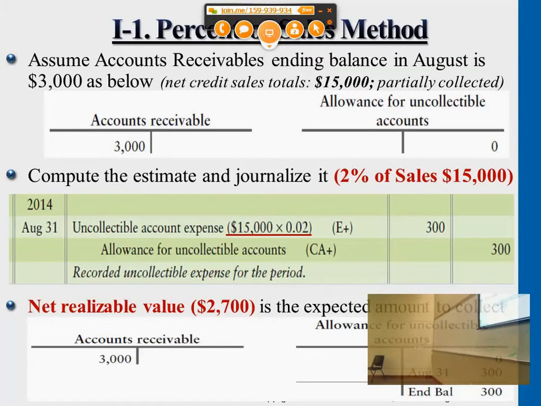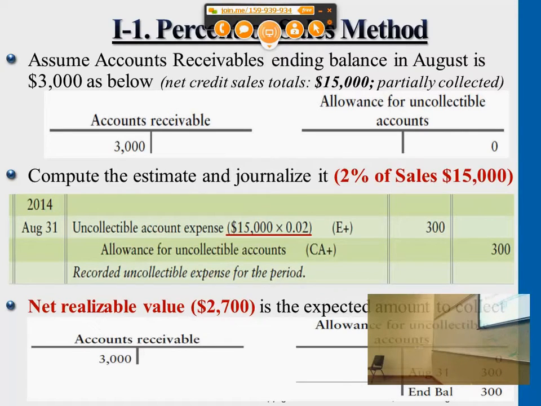Okay, this is the first method, percent of sales. We will add up throughout the year, or throughout the month if we want to do a monthly statement, the total credit sales. In this case, it's $15,000 total credit sales, and then determine the percentage. The percentage will be given to you in the problem. Basically it's based on prior experience: about 2% of the accounts receivable may not actually be received.